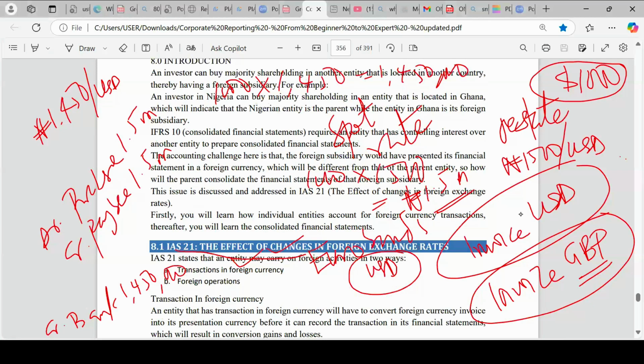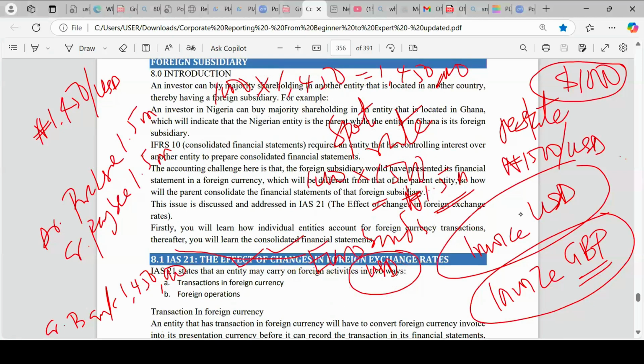But don't forget that just yesterday we had recorded our payable to be 1.5 million.